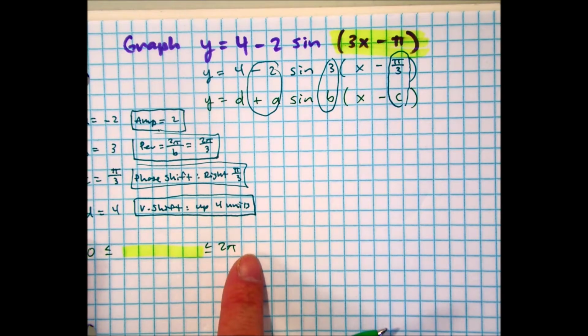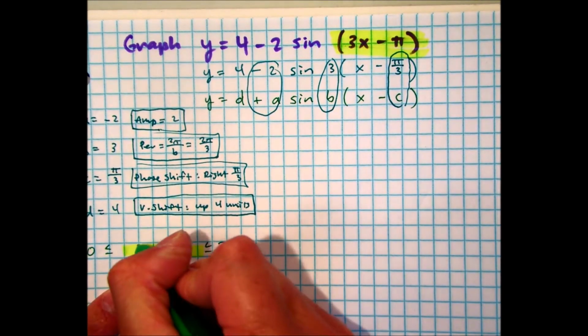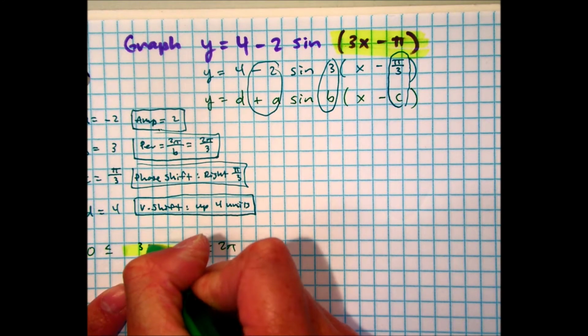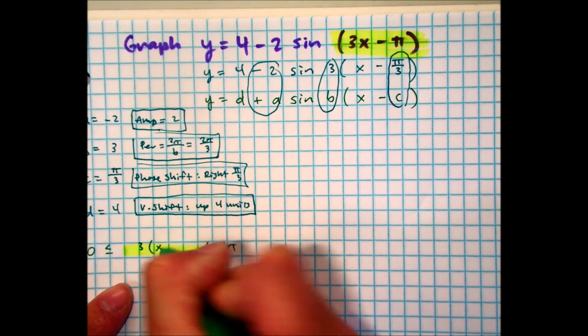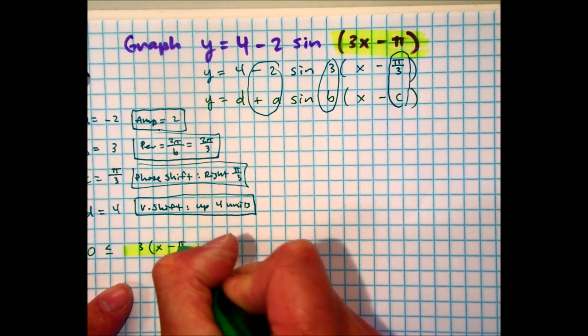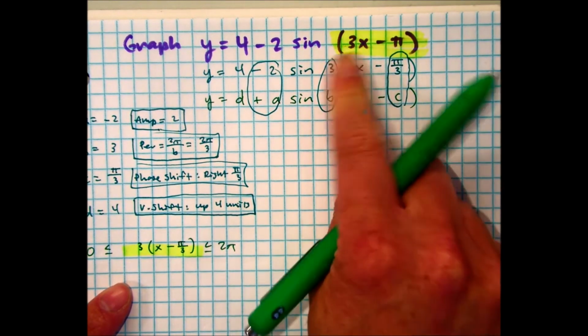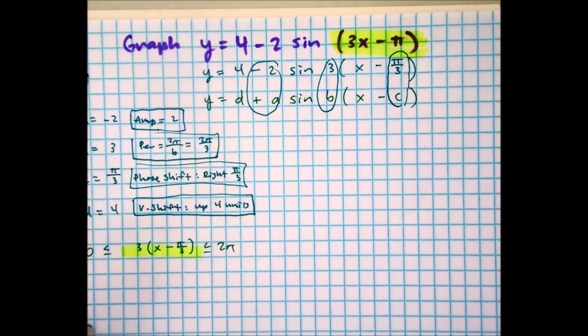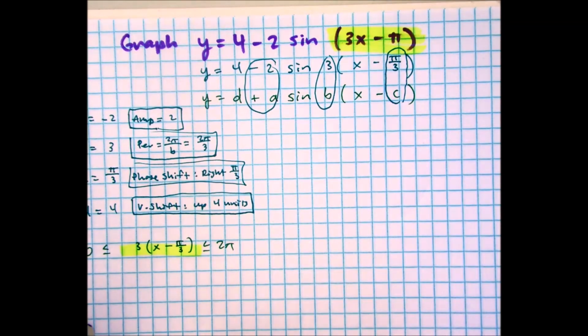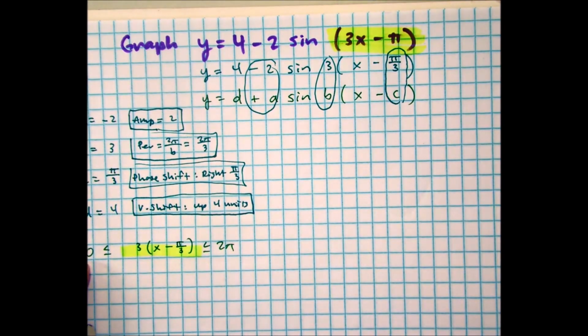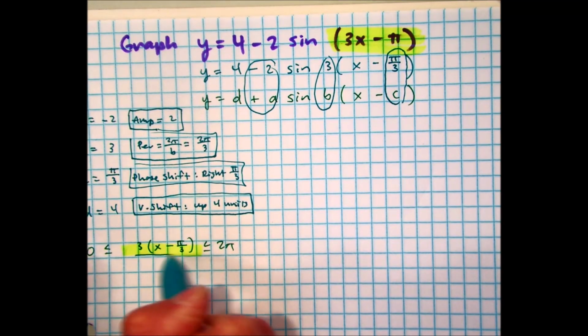Now, I'm going to put in the factored one. Class, what am I putting here? You could put 3x minus pi and get the same answer. You'll have to add pi and then divide by 3, which is fine. So here I'm going to divide by 3.